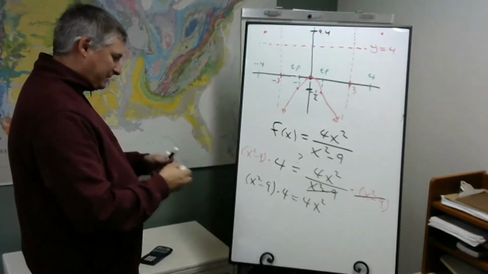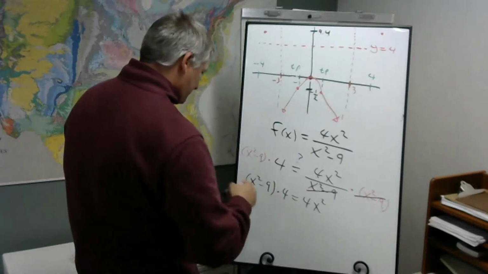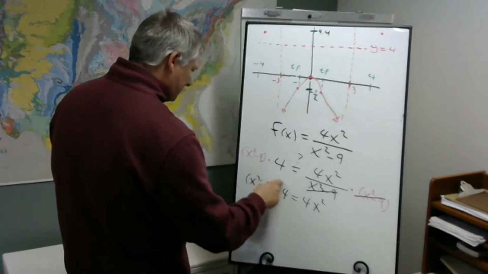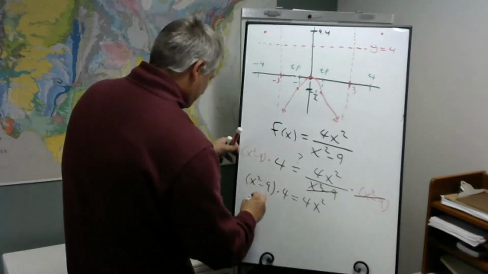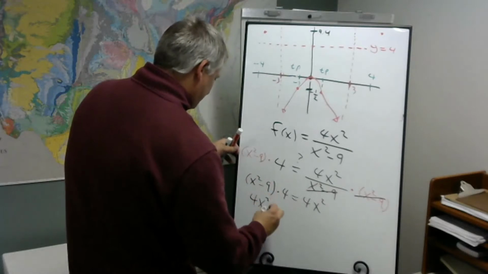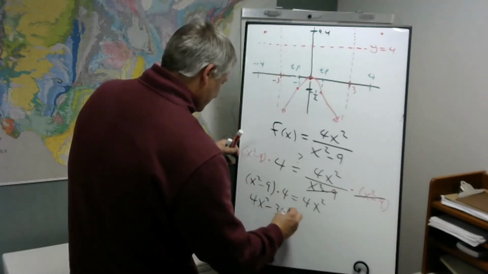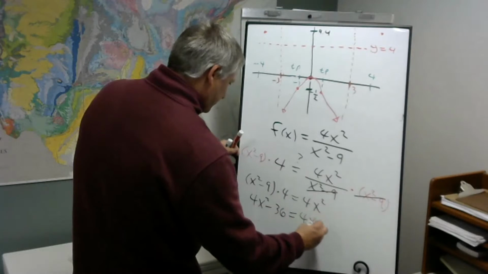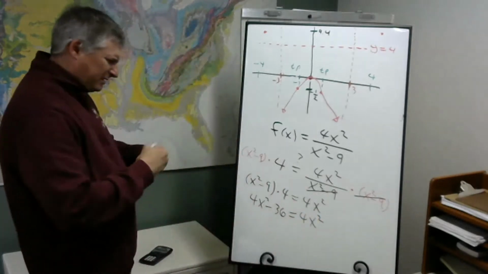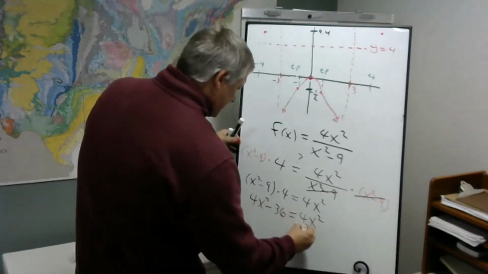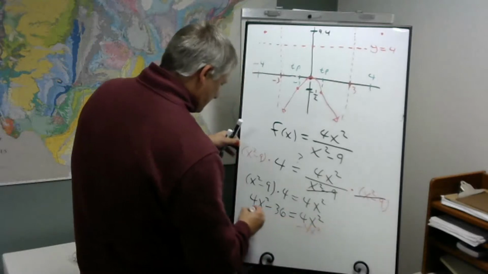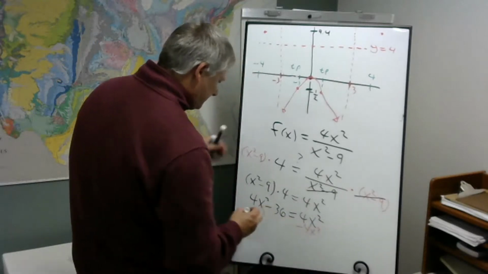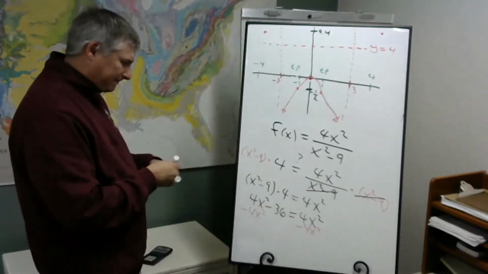And so what we'll get is we distribute both terms. We get 4x squared minus 36 equals 4x squared. Subtract 4x squared from both sides. And we're starting to see this isn't going to work.